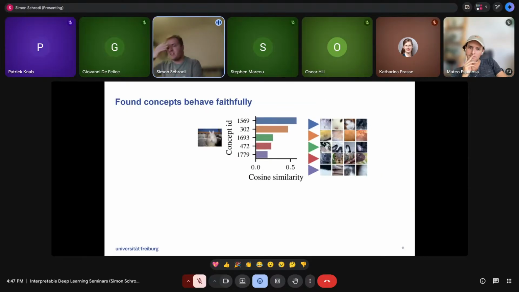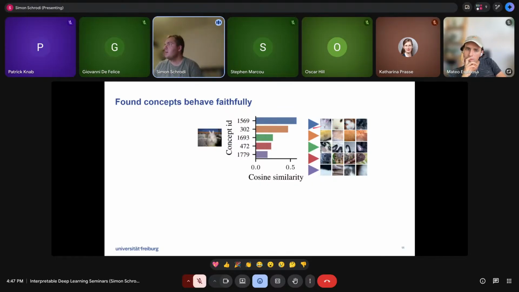Okay. But now the question is, do we actually get really good concepts out of this? Because this is an unsupervised manner, there's no reason to believe that these are useful. So typically what we can see here is this image of a rabbit. And then we get cosine similarities between these concept vectors and the feature vector, and we can visualize the cosine similarity and the most activating other image patches, which now represent this concept.